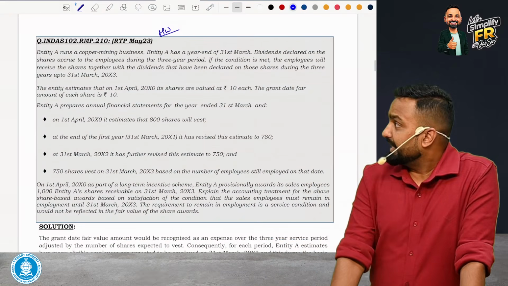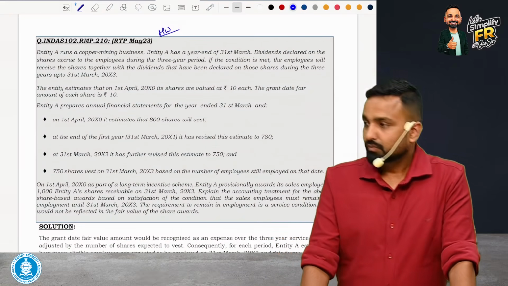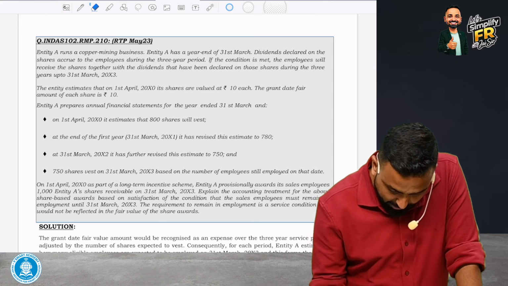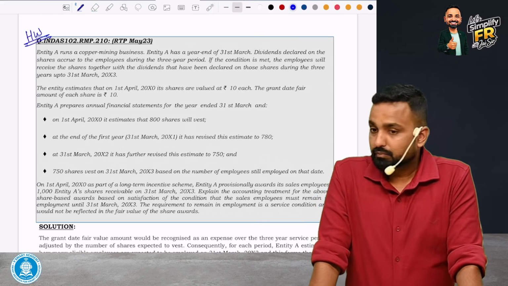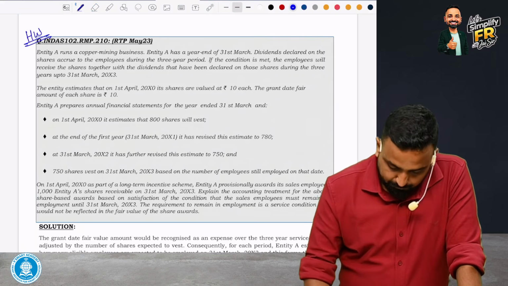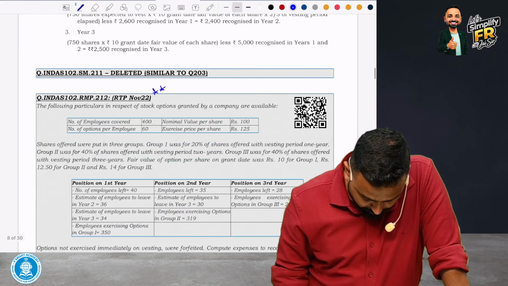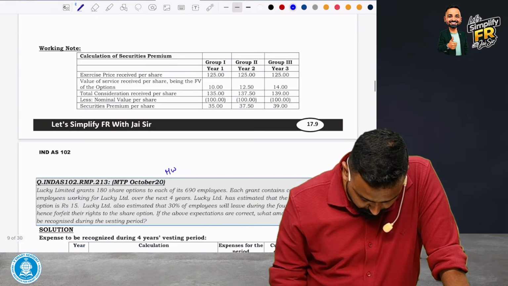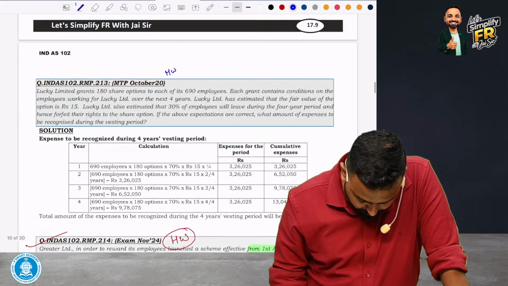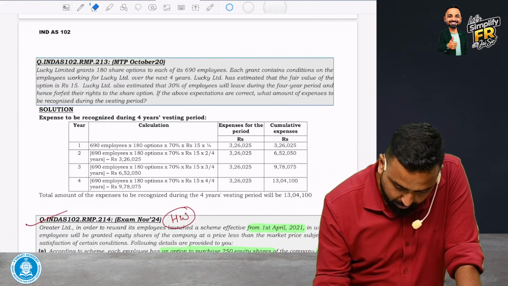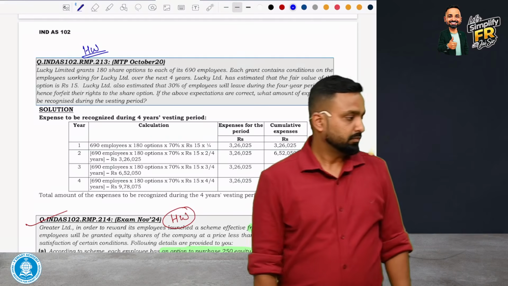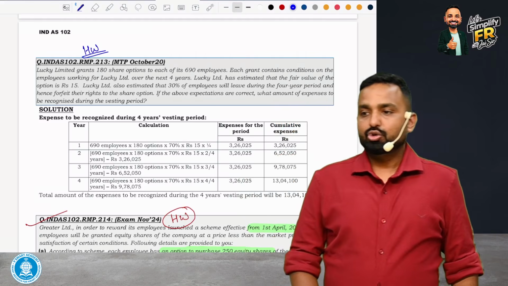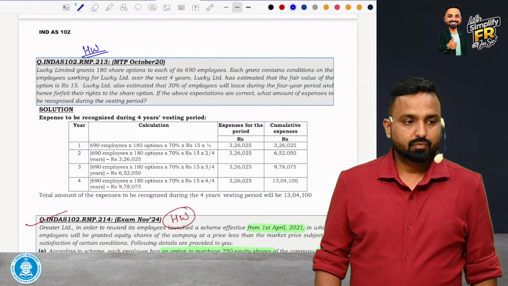This 210 homework. This 213 homework. 210, 213. Done?